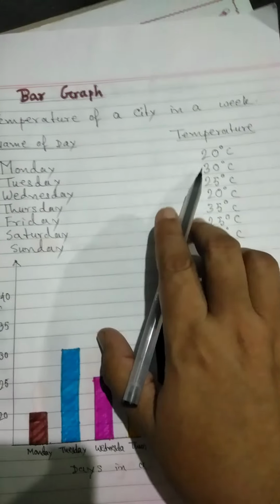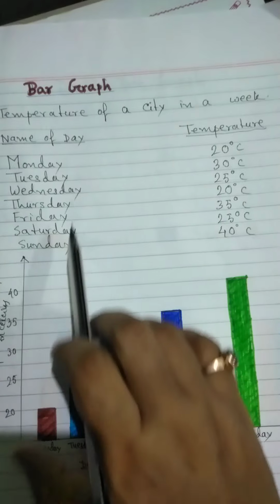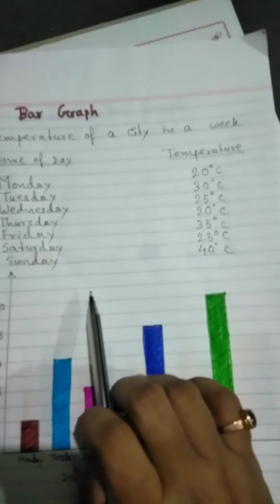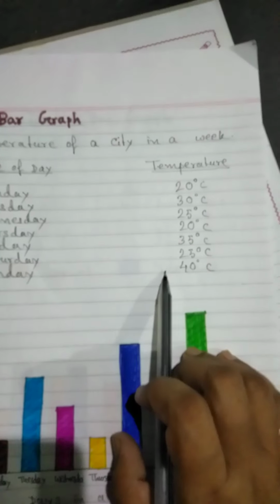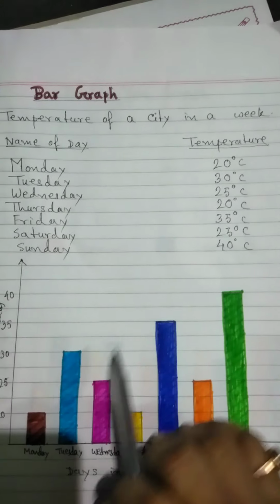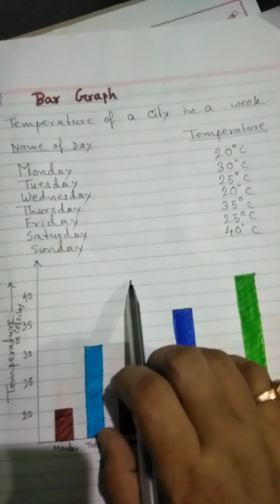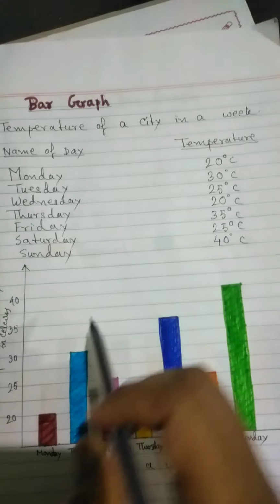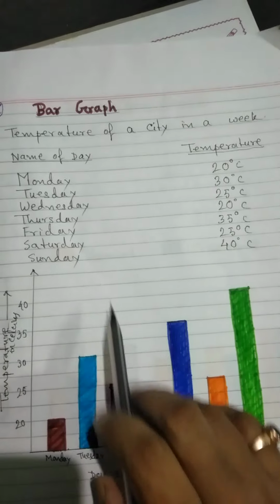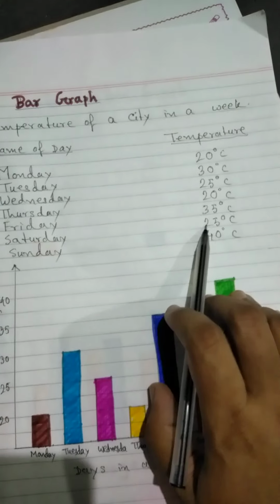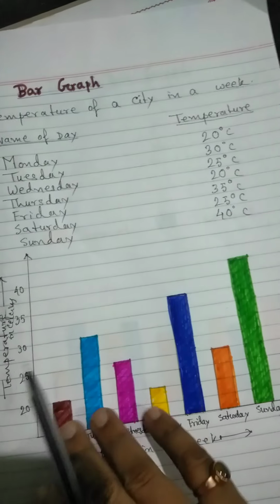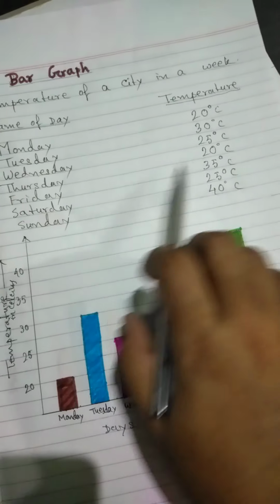So I have written Monday 20, Tuesday 30. I have written this by myself. This kind of temperature is not possible in reality, so I have written it to help you understand the bar graph. That's why I have taken this temperature according to me. So 7 days of temperature are given.